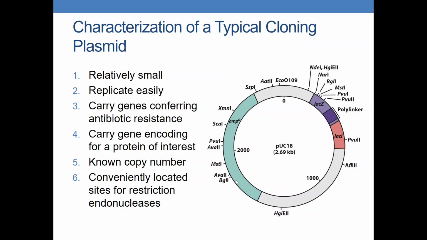Within this cassette, you'll find usually multiple genes that encode for enzymes that metabolize the antibiotic in question. And so by basically binding and metabolizing, degrading the antibiotic in question, there then is a resistance for the organism to that particular antibiotic.